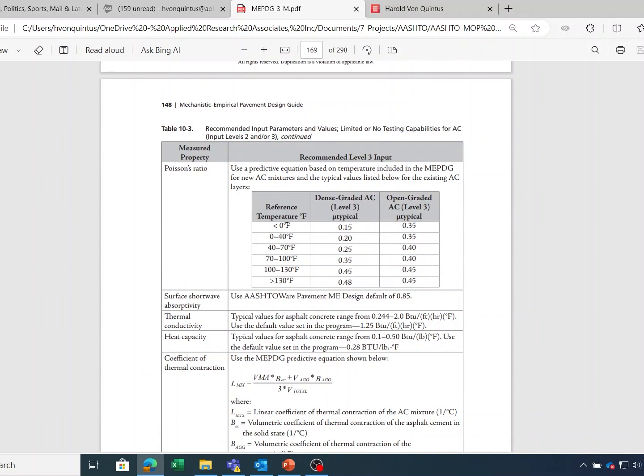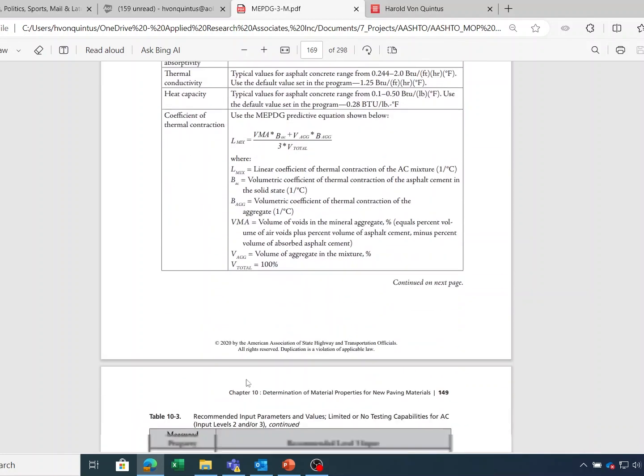And then some of the default values for the different properties like Poisson's ratio, short wave surface absorptivity, thermal conductivity, heat capacity, coefficient of thermal contraction.